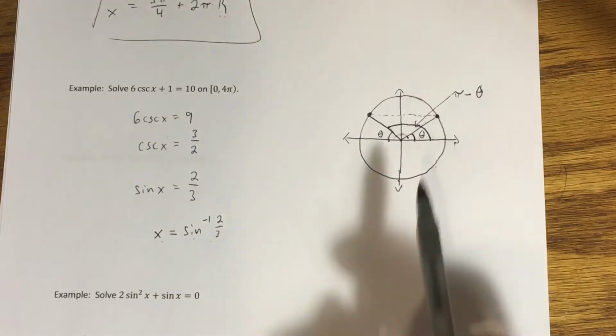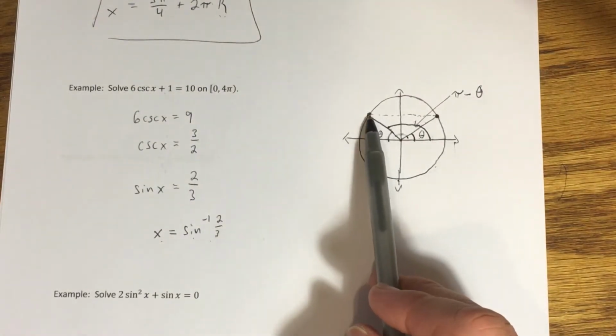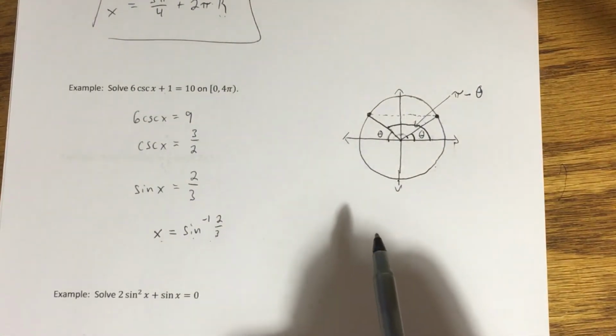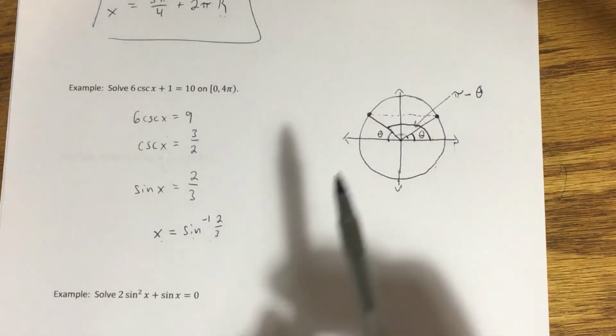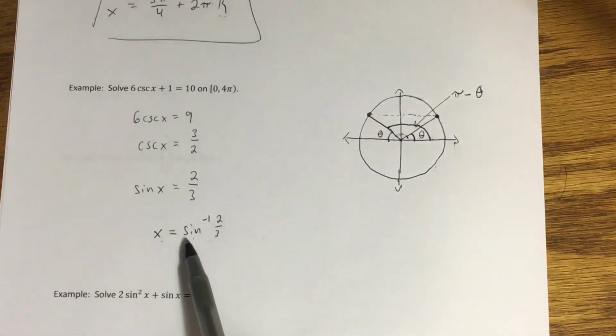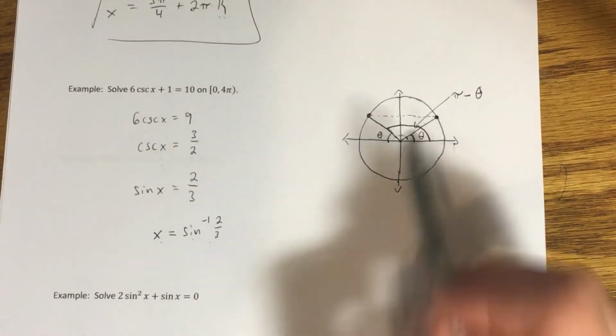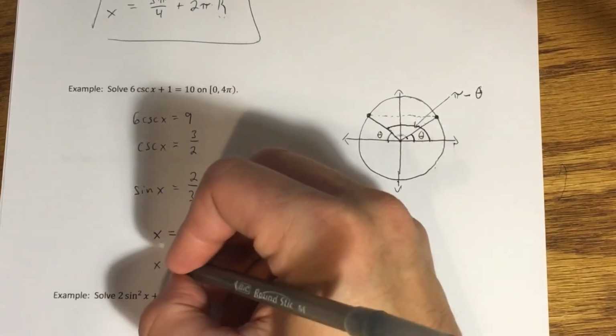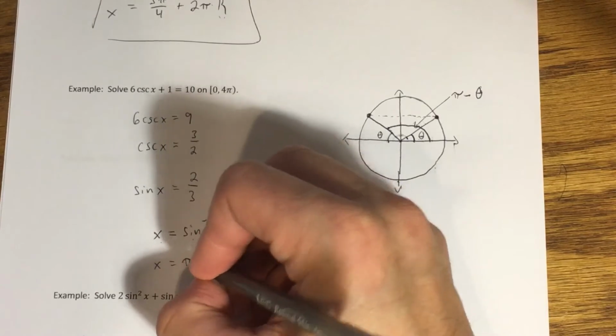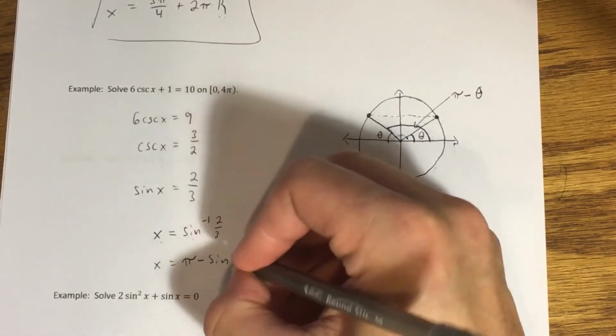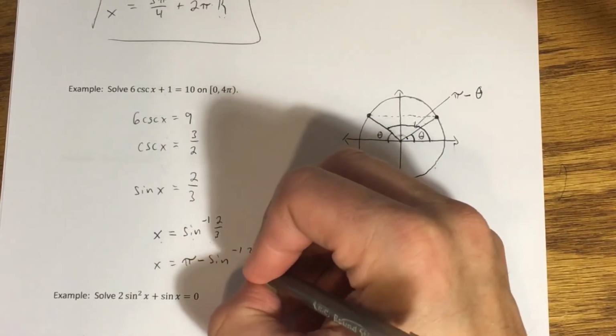And that would represent the second solution within one revolution around the unit circle. So if I already have a solution, x equals the inverse sine of 2/3, then pi minus that solution would have to also be a solution to this equation. Okay?